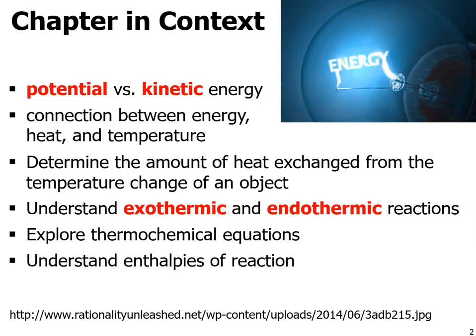And we're going to understand exothermic and endothermic reactions. So we're going to look at these things and the different types of chemical equations called thermochemical equations, which involve that movement of and the accounting of the heat energy and thermochemical energy during chemical reactions.